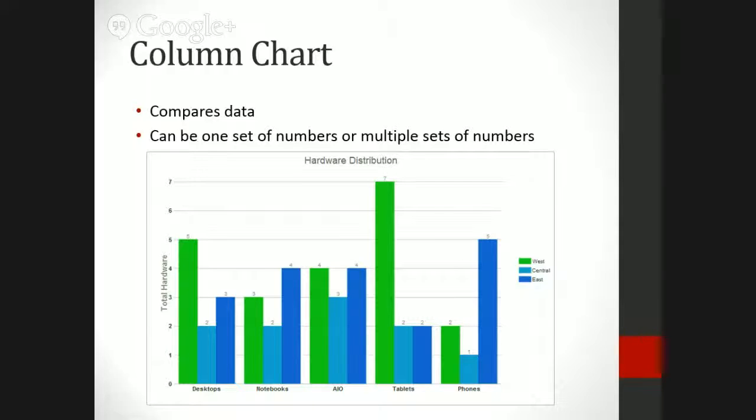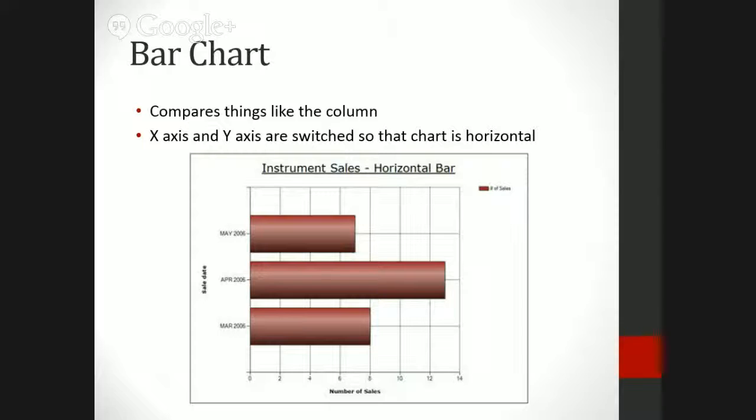They own the most tablets on the West Coast. That makes sense? It's comparing sets of data. They also own the most desktop PCs on the West Coast. Who has the most mobile phones or smartphones? Well, more people have smartphones on the East Coast. You could take a bar chart and turn it on its side. That's all that is.